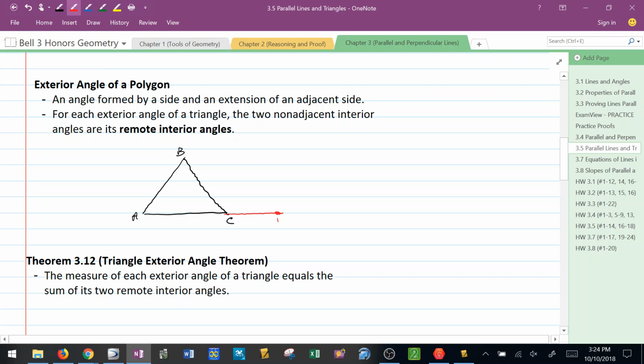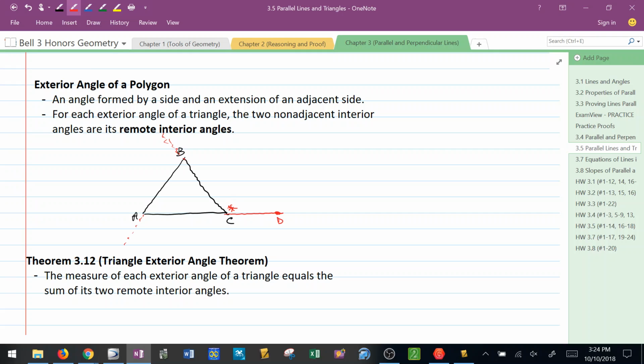Put a point over here called D. One thing that you may notice is now outside the triangle, there exists some new angle that we just created. I can do this off of any one of the sides. By extending it, I create what is called an exterior angle of the polygon. In this case, an exterior angle of a triangle.